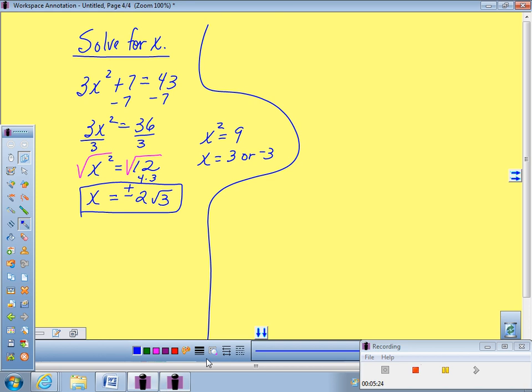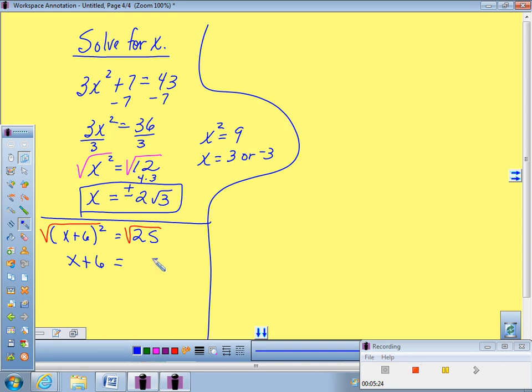Okay. One other example of that. Suppose they give you a quantity, x plus 6, squared equals, say, 25. Do the same thing. You want to get rid of the square, so we choose to square root both sides to get rid of it. I now have x plus 6 because the square root cancels out the square.